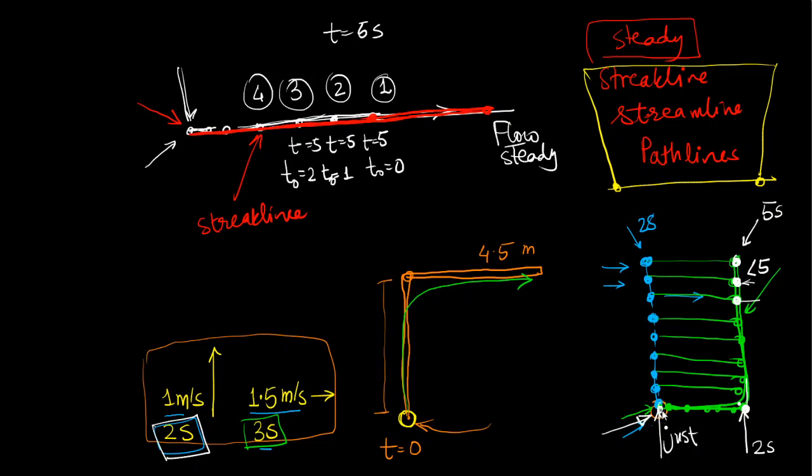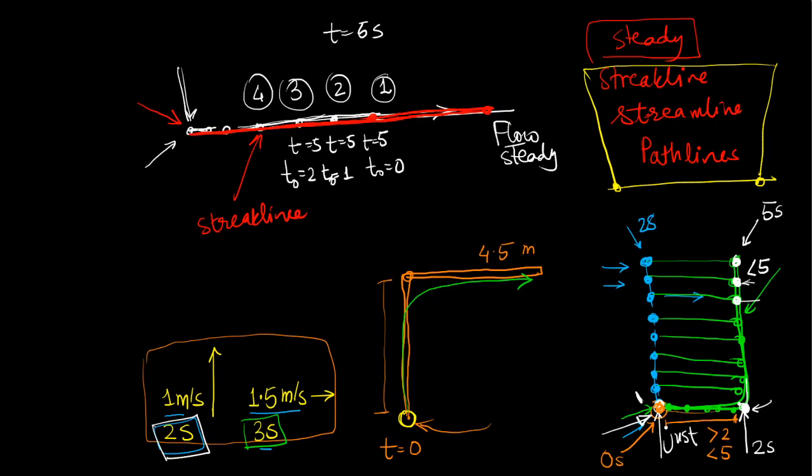So 3 seconds before this, it would have been at this point. After 3 seconds, this point has traveled from this point to this point, and a new particle originates over here. So all these particles have a residence time of larger than 2 seconds but less than 5 seconds. And this particular point has a residence time of 0 seconds, that is, it has just entered the domain.